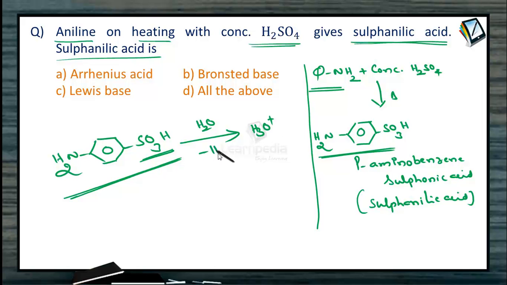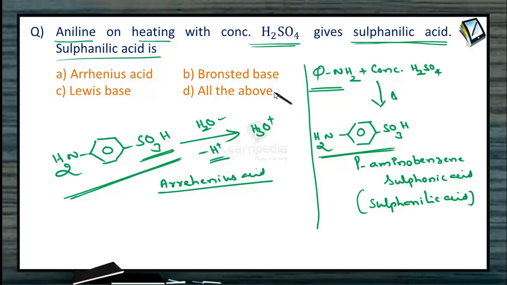So thus H plus is given out by this para-amino benzene sulfonic acid. This has the tendency to give H plus in water. So any substance which possesses the tendency to give H plus in water is called Arrhenius acid. So therefore it will no doubt act as Arrhenius acid.